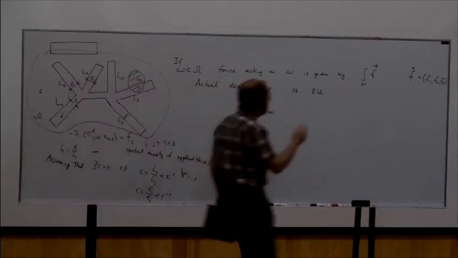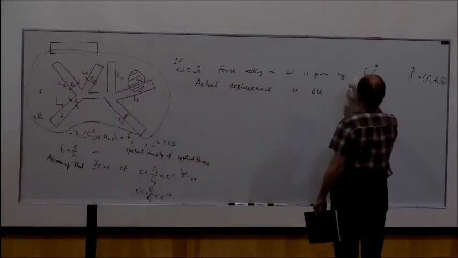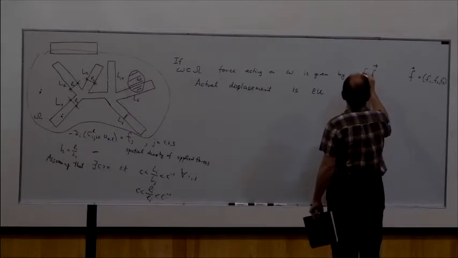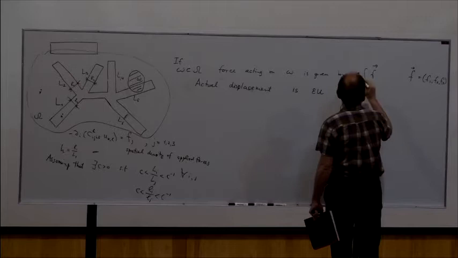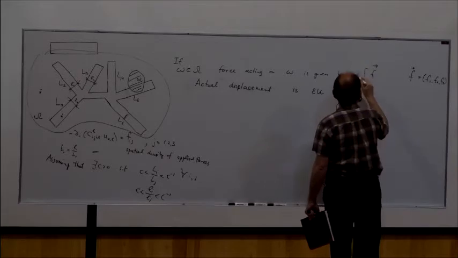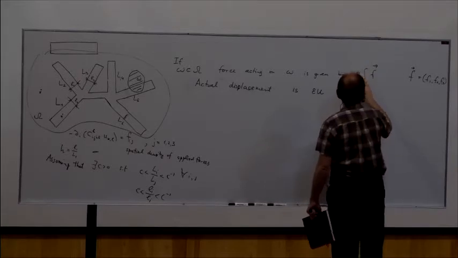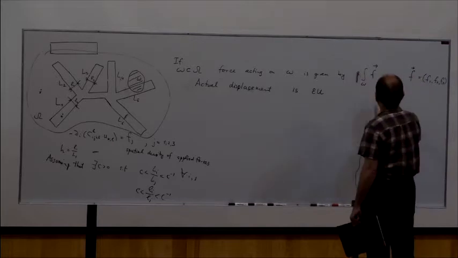So actually, the force acting on omega is given by this times some coefficient. Well, maybe I will call it beta or something, because I have had gamma, alpha, c already. So here beta.